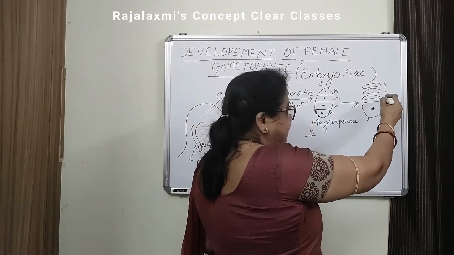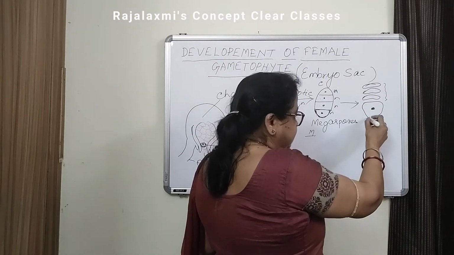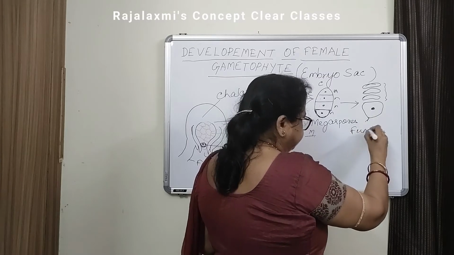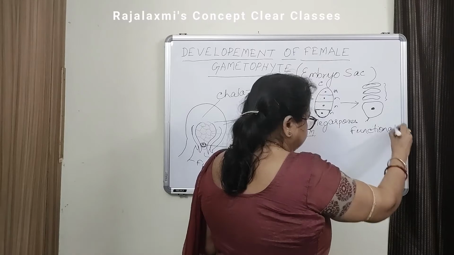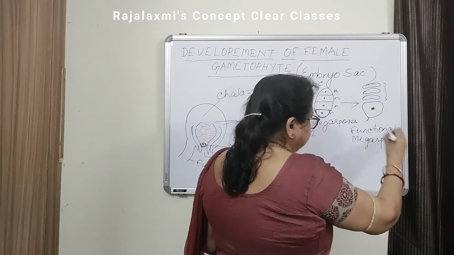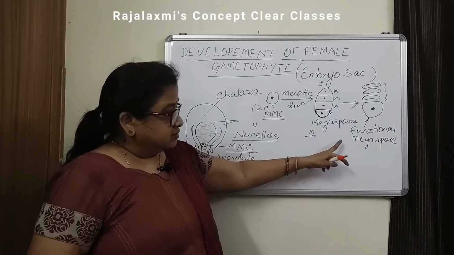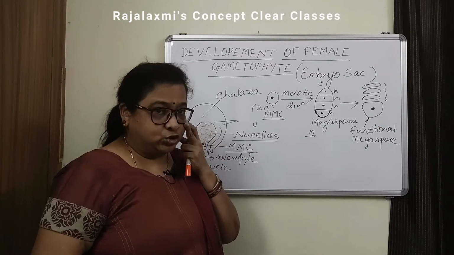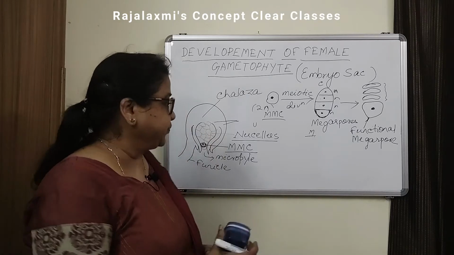These 3 are degenerating megaspores and this is the functional megaspore. The functional megaspore means this megaspore gives rise to the female gametophyte.